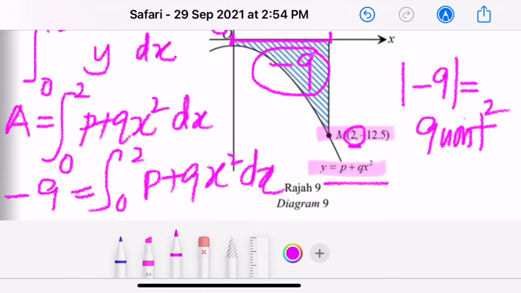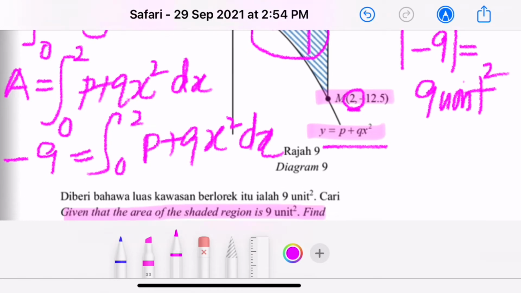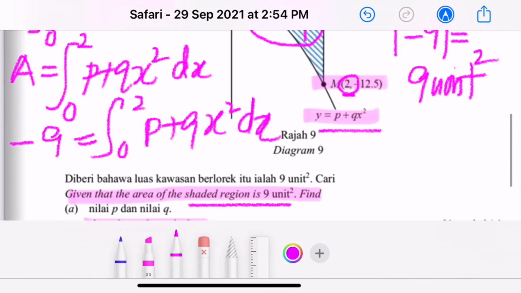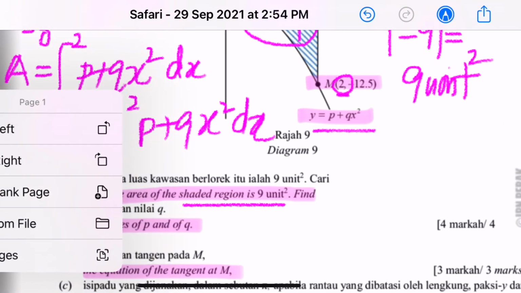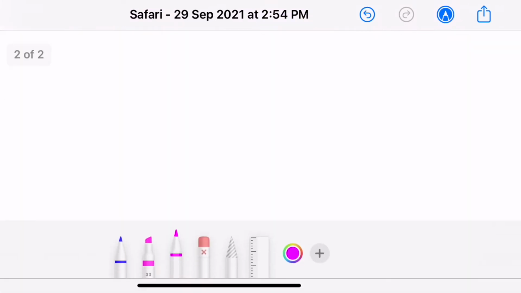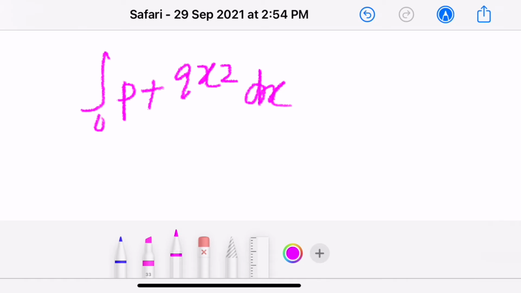So let's solve it. We need to find p and q, so we need to integrate. Let's integrate p plus qx squared dx, with the limit 0 to 2, and the integration value is negative 9.